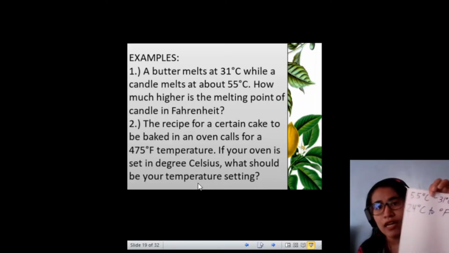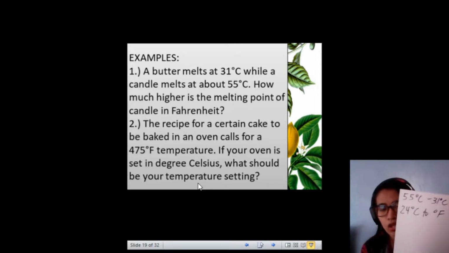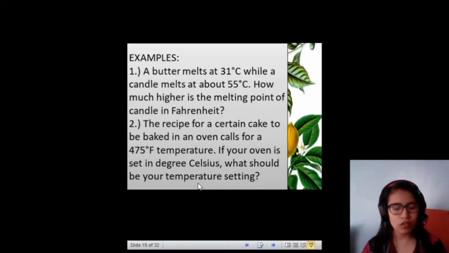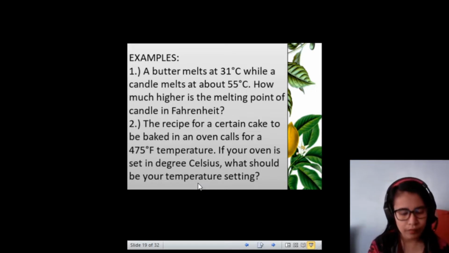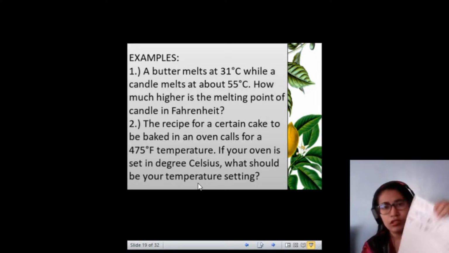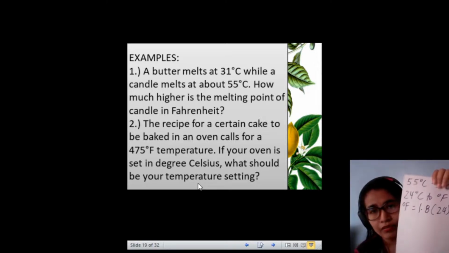On the formula I have there as a fraction, we can also have that formula in decimal. So we will be using the decimal form. Degree Fahrenheit is equal to 1.8, that 9/5 will become 1.8, multiplied by 24 plus 32, following the formula that we have.